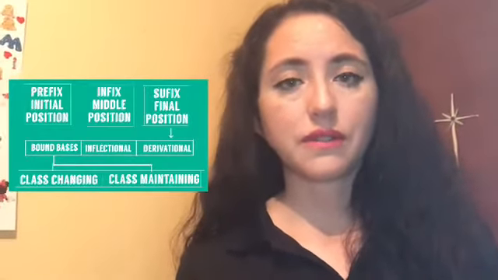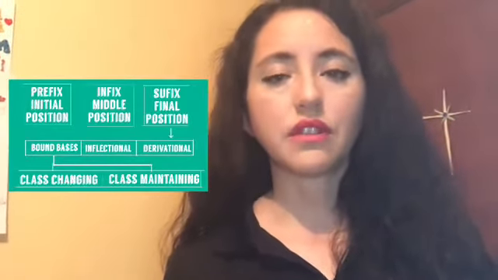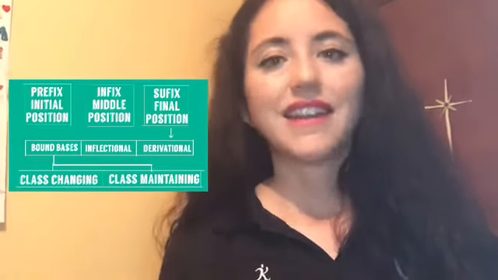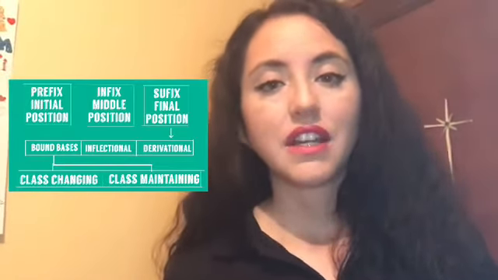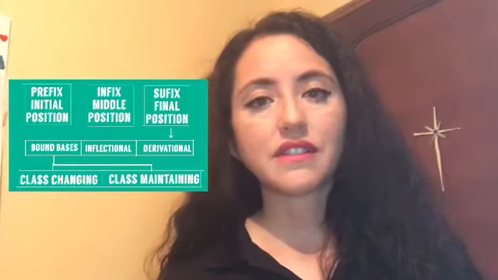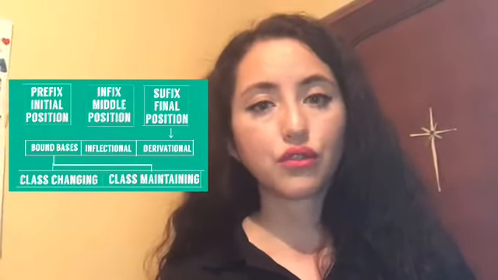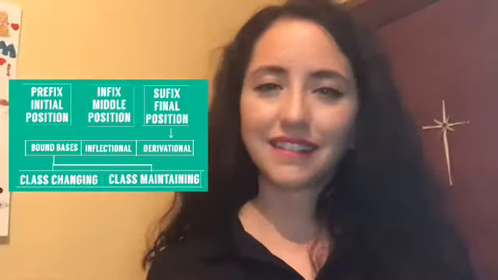But what does this have to do with derivation, you may ask yourself? We're getting there. Turns out that these affixes can be divided into three branches: bound basis, inflectional, and derivational. Yes, the ones we will concentrate on, since derivational affixes can be subdivided into two groups: class maintaining and class changing.